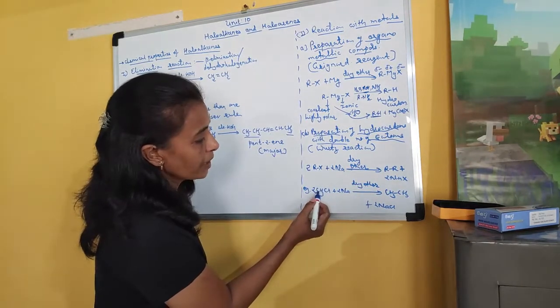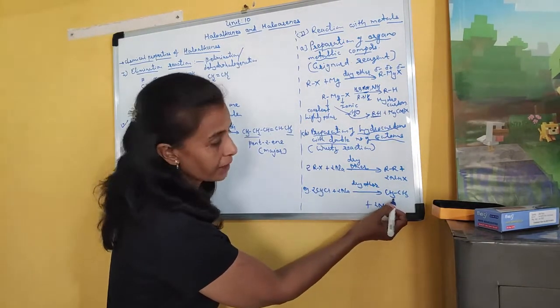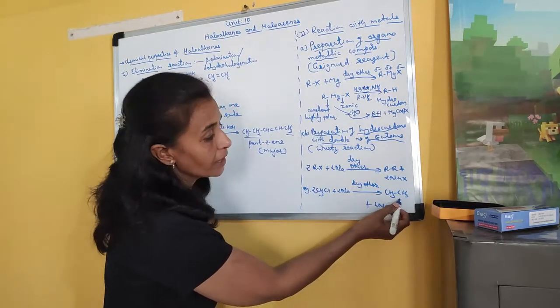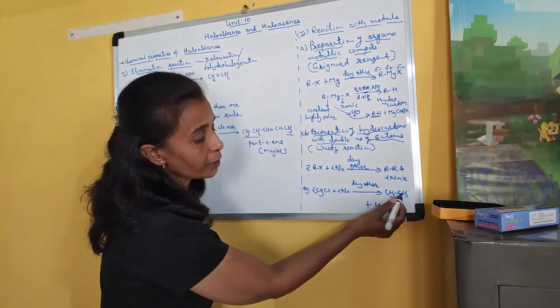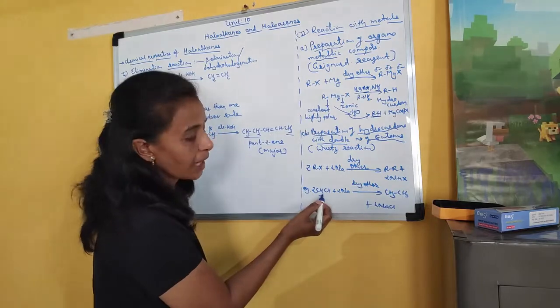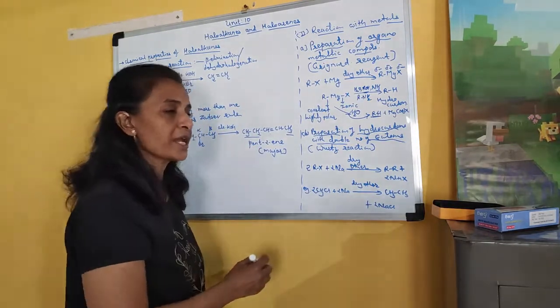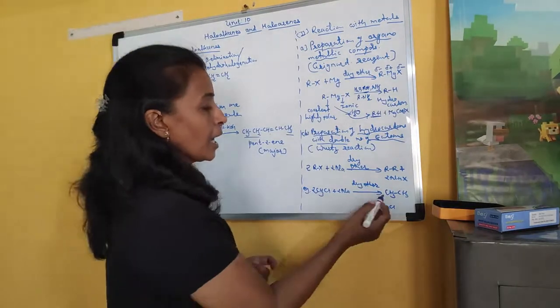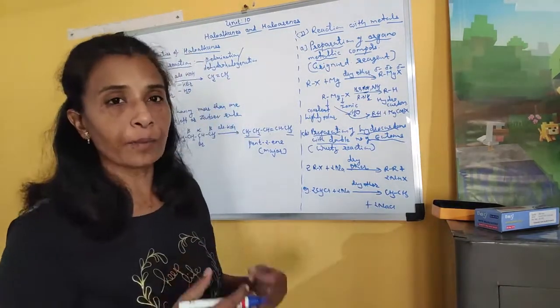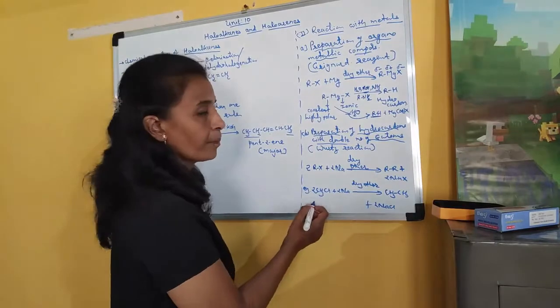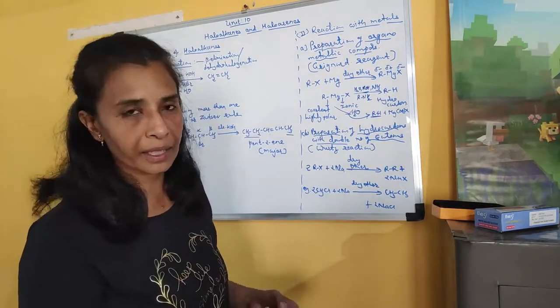Then the methyl groups will get connected and we get ethane. Now in the ethane hydrocarbon there are 2 carbon atoms, but in methyl chloride there is only 1 carbon atom. Clear? So Wurtz reaction gives hydrocarbon containing double the number of carbon atoms compared to the original haloalkane.